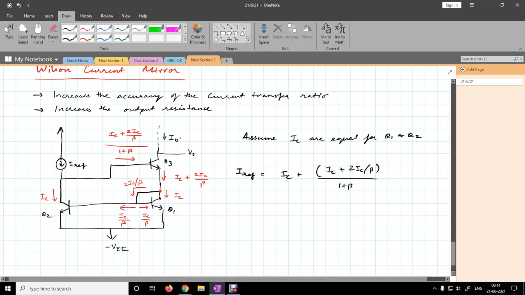So this I naught is nothing but the collector current of Q3. The base current of Q3 I know, and now I need to find the collector current of Q3. If I multiply the base current with beta, I will get the collector current.